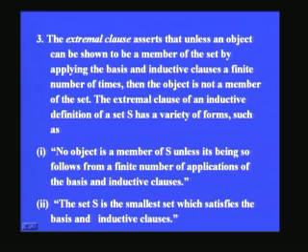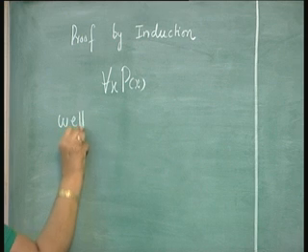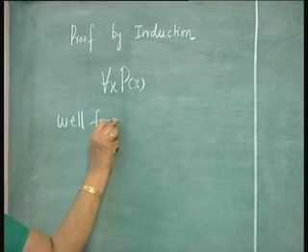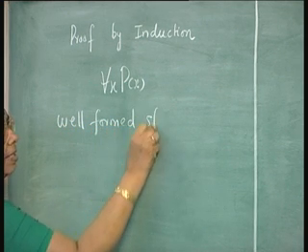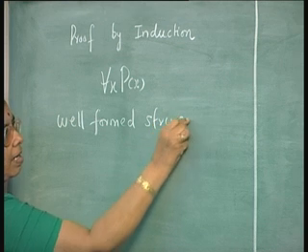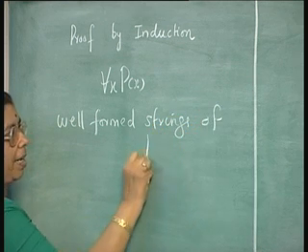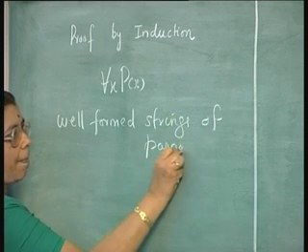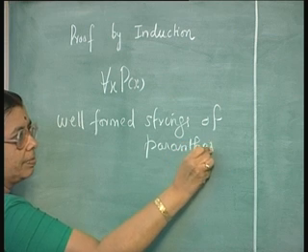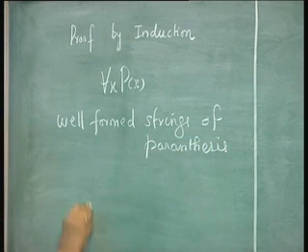Now let us consider proof by induction. Let us take some underlying inductively defined set. For example, in the last class we considered well formed strings of parentheses. How did we define this?